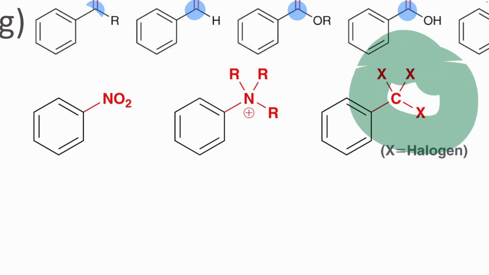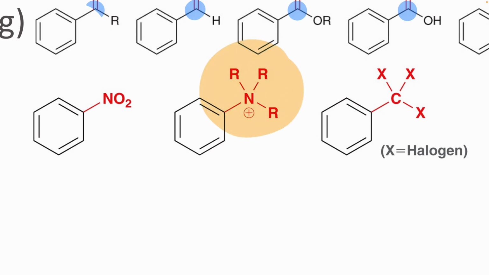This is our carbon with 3 halogens on there. Again, we know how to create this from toluene by using an excess of NBS. And then this one that we don't know how to make, but nonetheless is a strong meta-directing group. So you have to start out with a benzene derivative that has one of these 3 strong electron withdrawing groups on it. So again, we're already limiting ourselves to a kind of small subset of possible molecules.